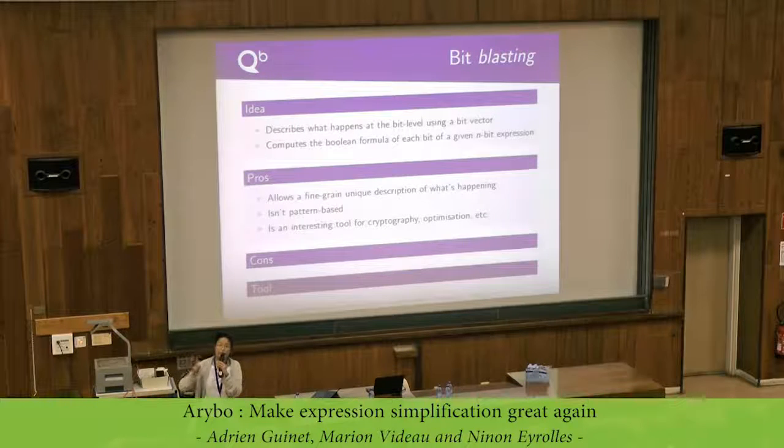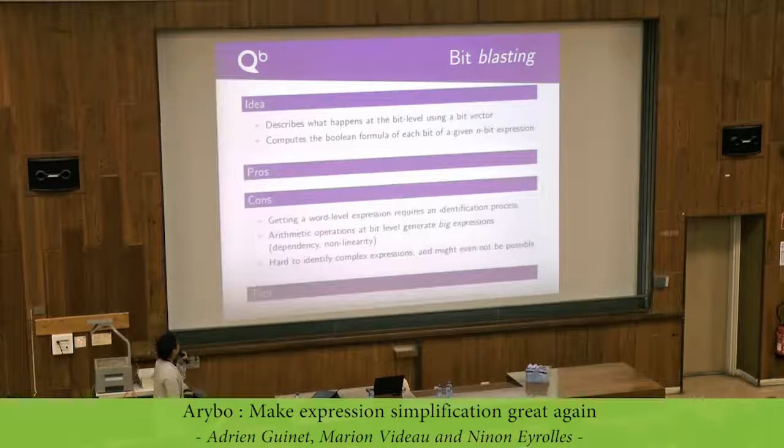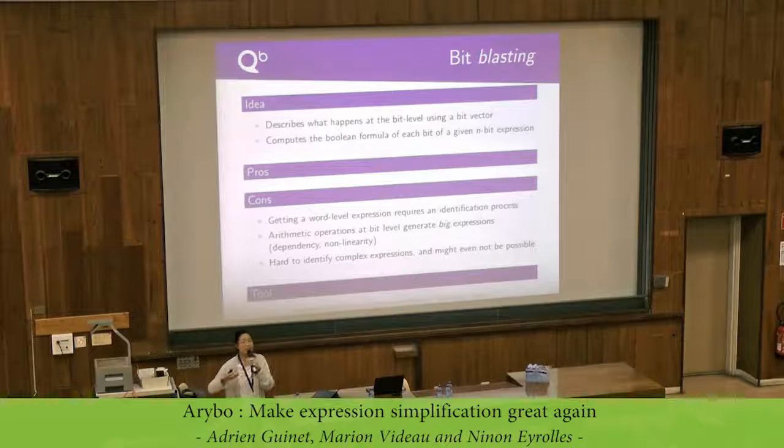They do exactly the same thing. It's obviously not pattern-based, and it's an interesting tool for other topics like cryptography or optimization. I mean, it's not only needed for that. The problem is that, of course, when you go to the bit level, if you want the word level expression, you need a process.